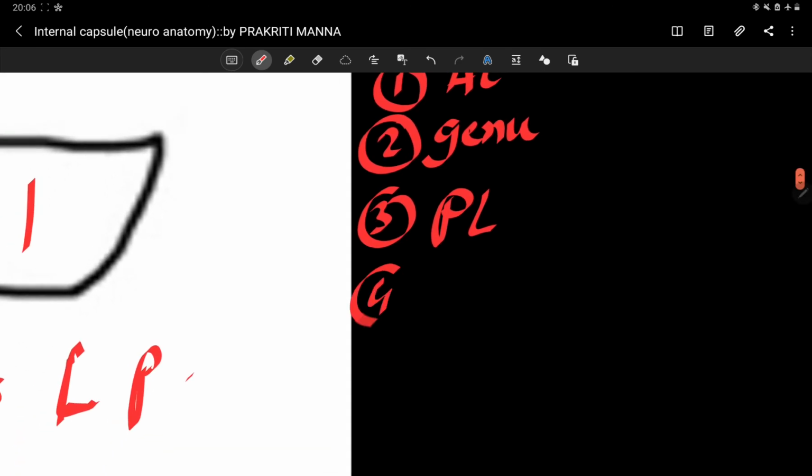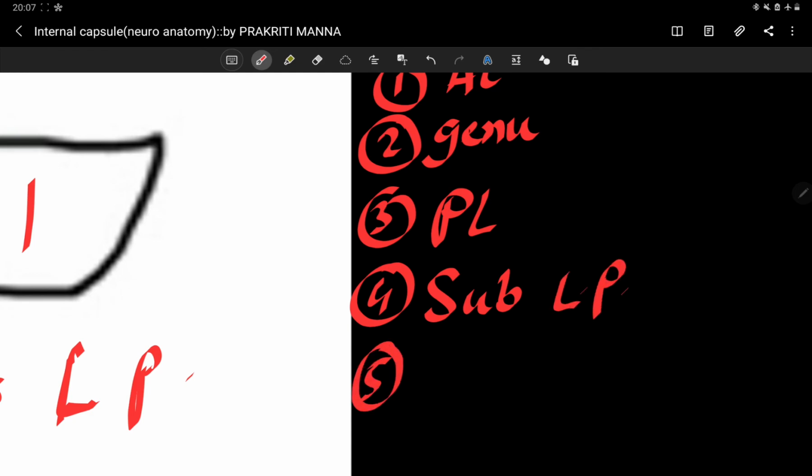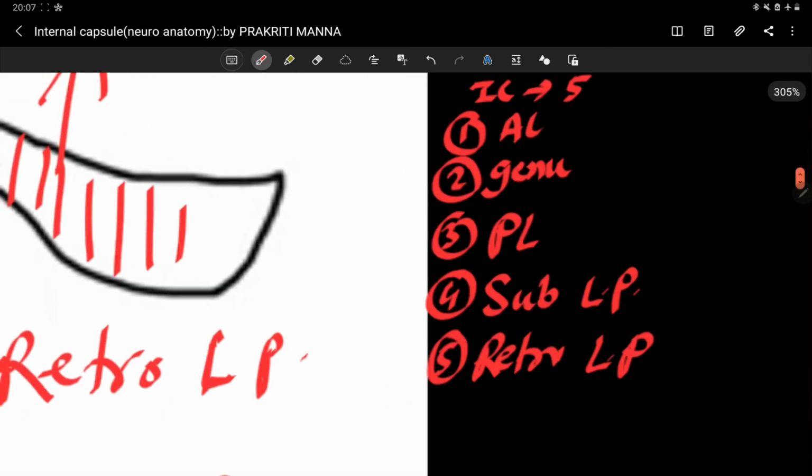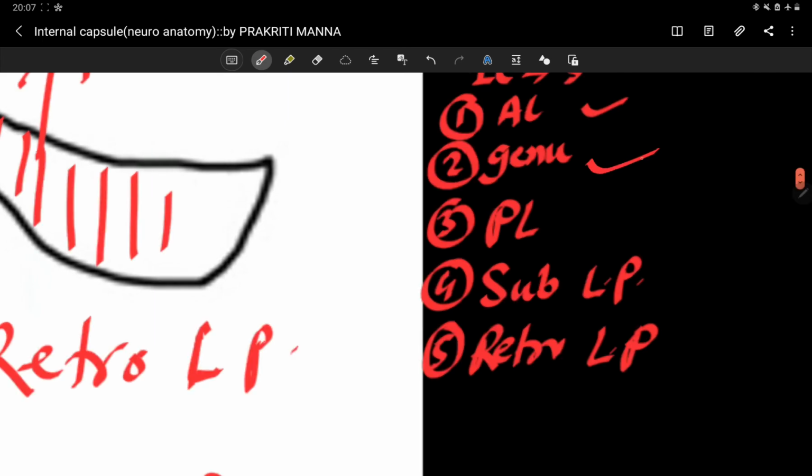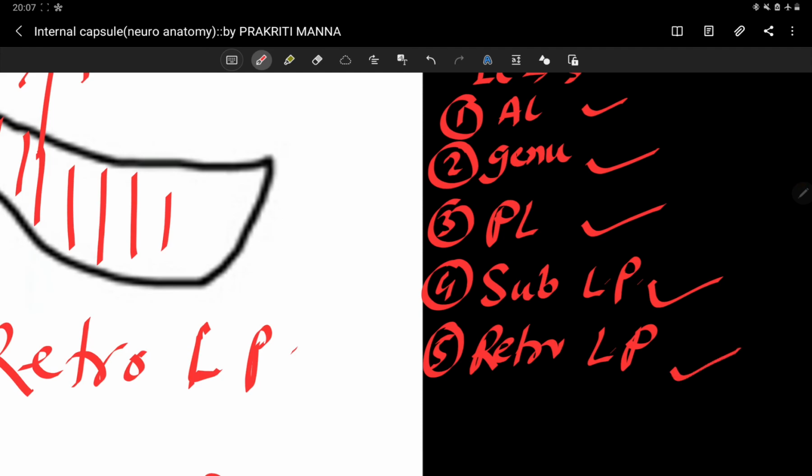And now sublentiform part, and last portion is your retrolentiform part. So internal capsule has 5 portions: anterior limb, genu, posterior limb, sublentiform part, retrolentiform part.